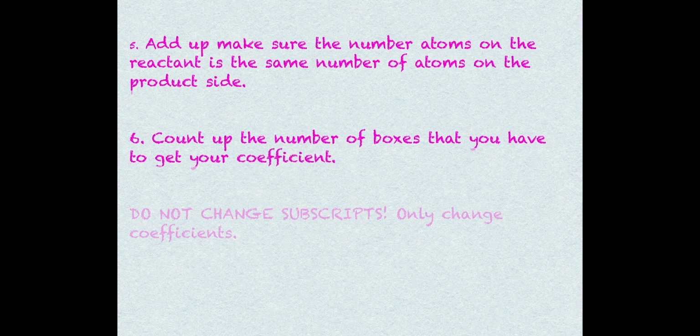Now this is key because you cannot change your subscripts at all whatsoever when you are identifying how to balance your equation. You can only change your coefficient, okay? So this is important. Do not change subscripts, period.